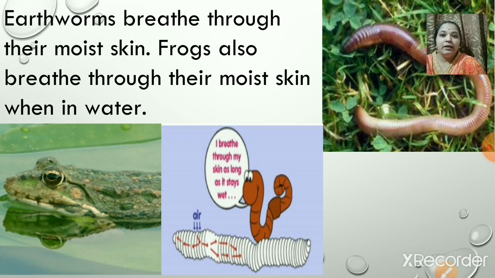It can stay inside the water as well as on the land. So, when it is on the land, it breathes with its lungs. And when it is inside water, the frog breathes with its moist skin. So, the breathing organ of the earthworm is moist skin. Also, the frogs breathe with their moist skin when they are inside water.